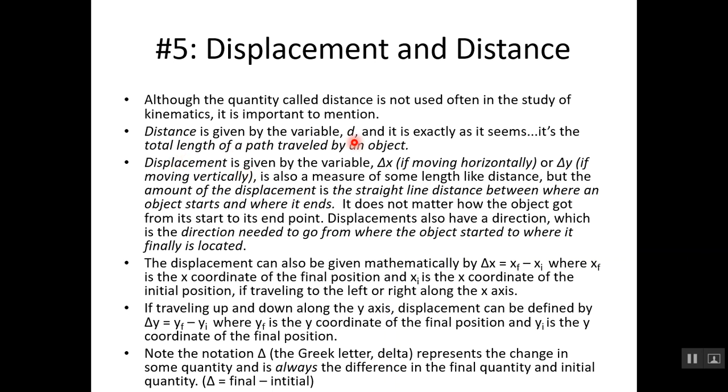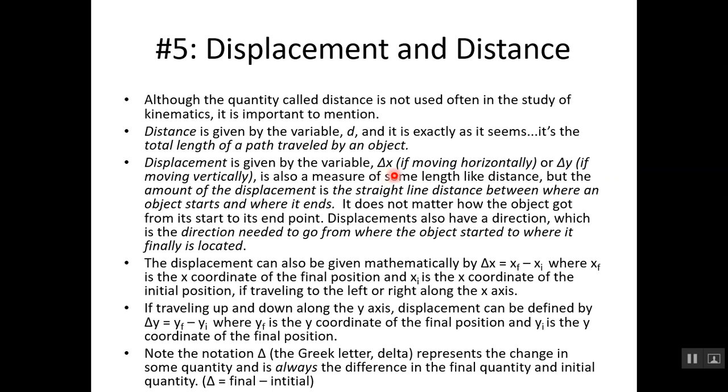Now, distance is given by the symbol d, which makes sense. Displacement is given by this weird thing, which is a delta. It's a triangle, but it's the Greek letter delta, and delta actually means something in physics. You get to see a lot of deltas in physics, these triangles in front of things. Deltas mean change, how much things change from one point to another.